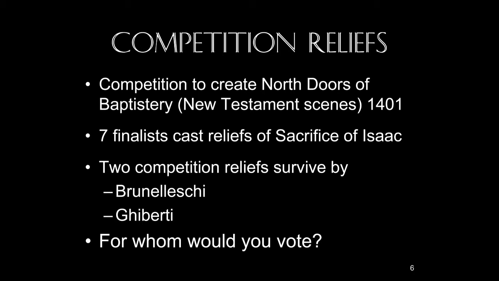Now, first, they were going to put Old Testament scenes on there, and that is why they used the subject of the sacrifice of Isaac for their competition reliefs. But after they did that, they changed their mind, and they decided to put New Testament scenes on the north doors. So they're having a contest, and they invite artists to submit drawings.